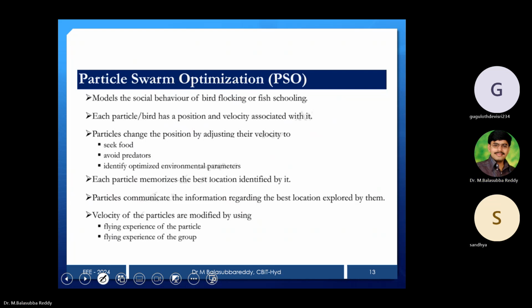For that, the social behavior of birds, we have already explained: birds flocking and fish schooling, and each particular bird has a position and velocity associated with it. Particles change their position by adjusting their velocity, to seek food and avoid predators.